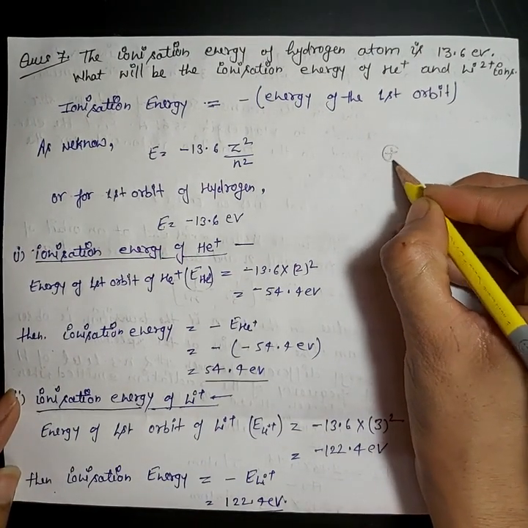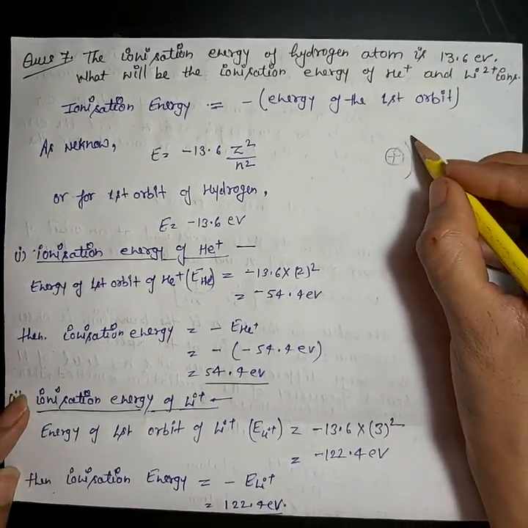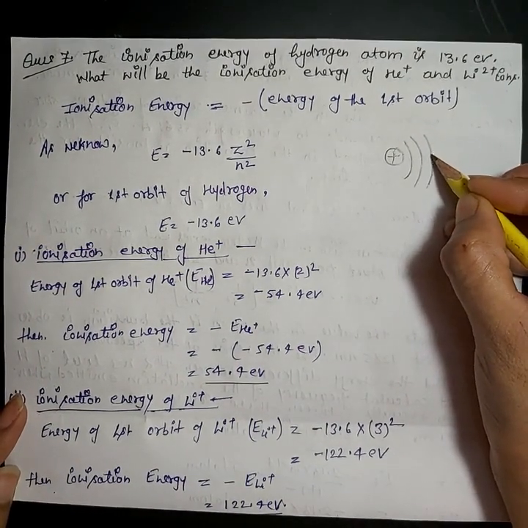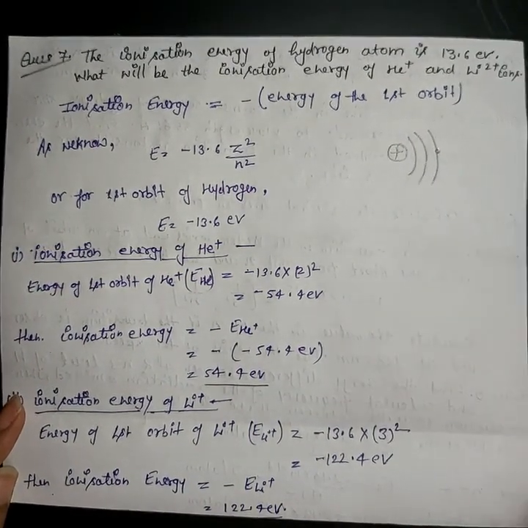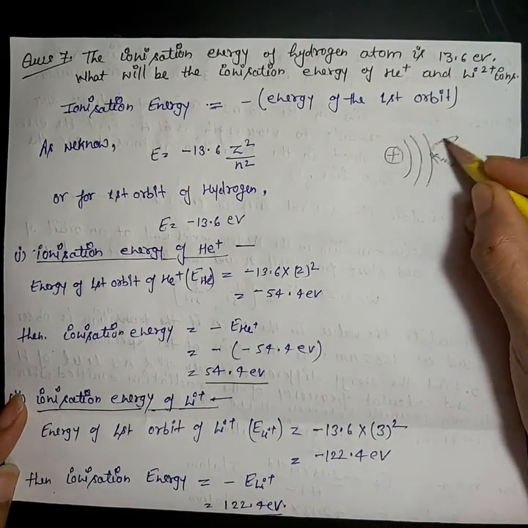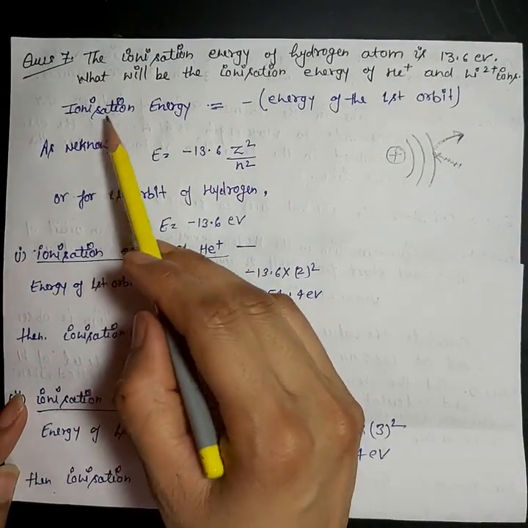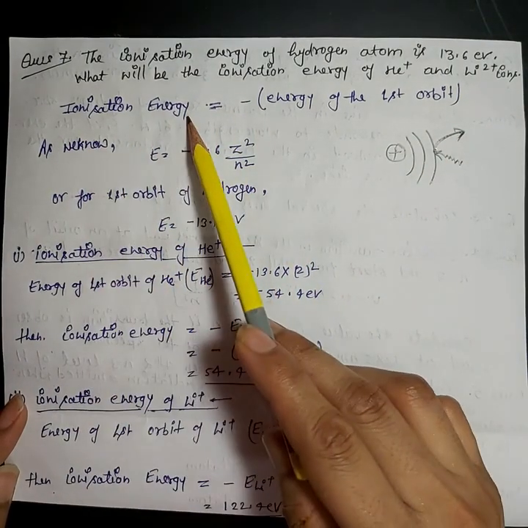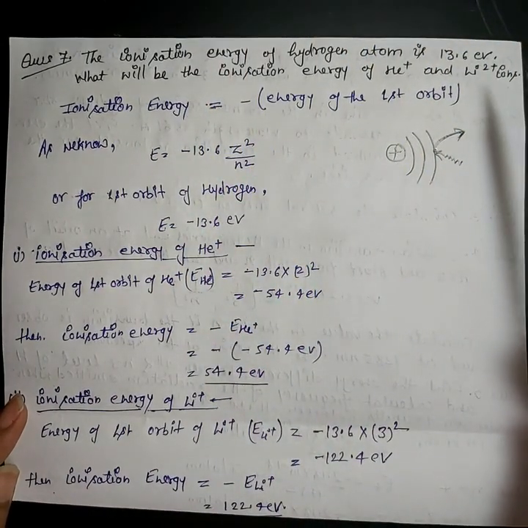Suppose we have this atom and we want to eject this electron. The amount of radiation required to eject this electron is known as ionization energy. As we are providing this energy to eject the electron, ionization energy will always be positive.